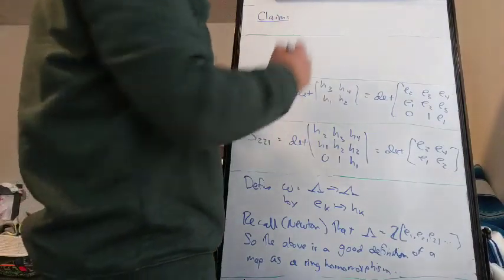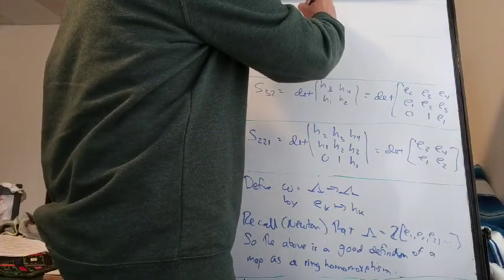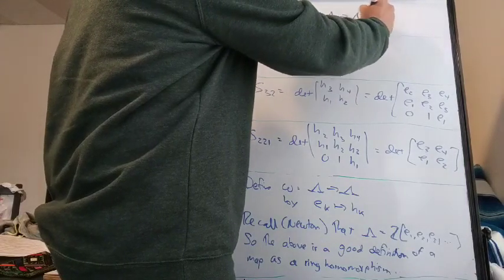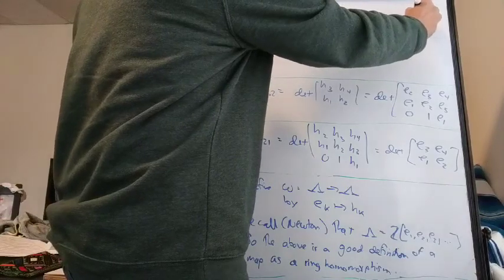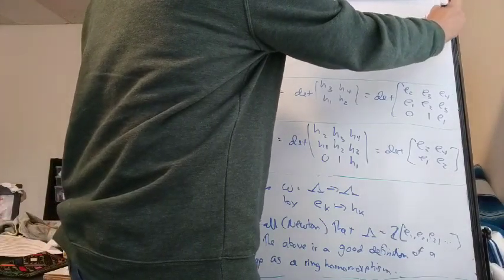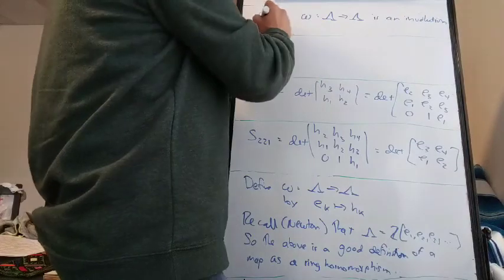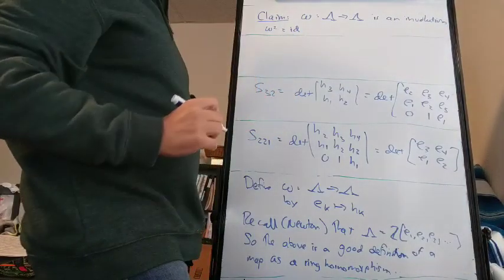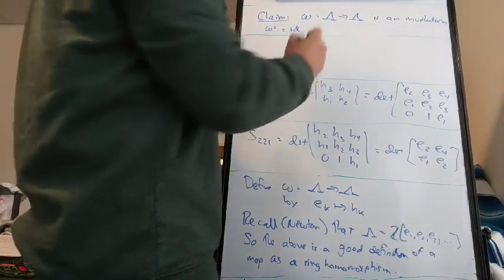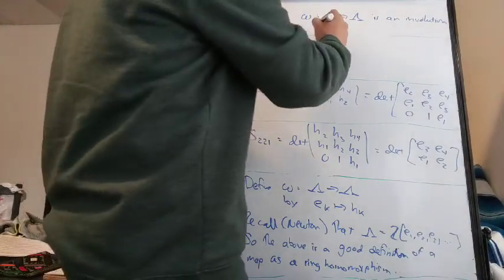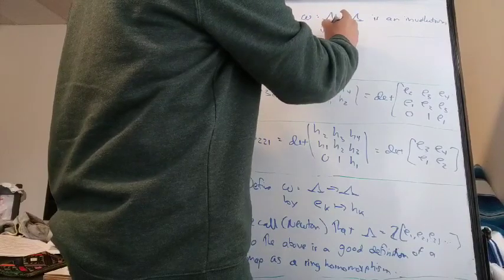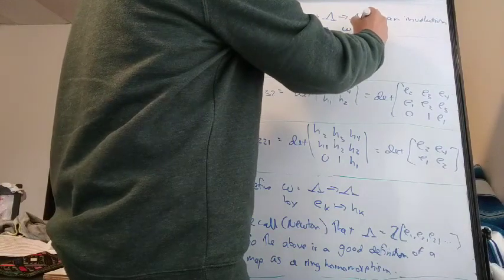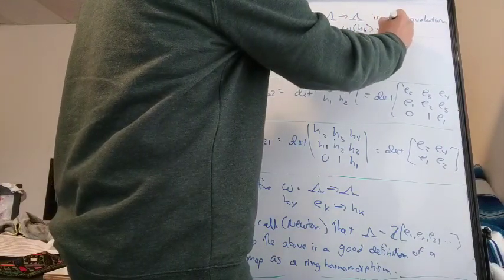That is, it's an involution. Now, involution is a fancy word for apply the map twice and you get the identity map. Another way to say that, given our definition of omega, is that omega of Hk equals Ek.